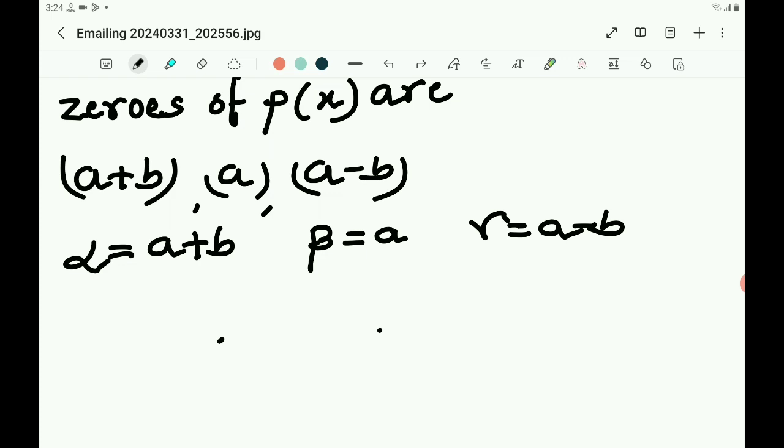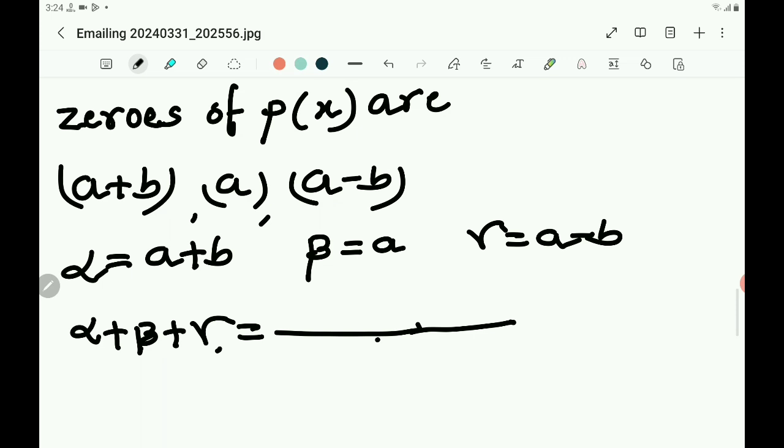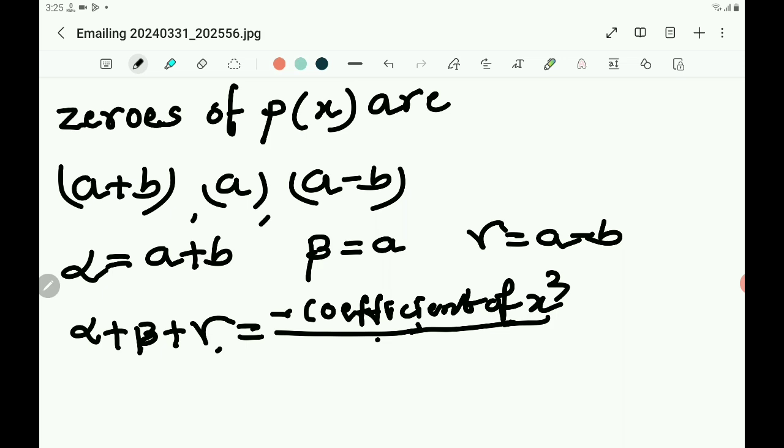You know that sum of the zeros, alpha plus beta plus gamma, is equal to minus coefficient of x square by coefficient of x cube.